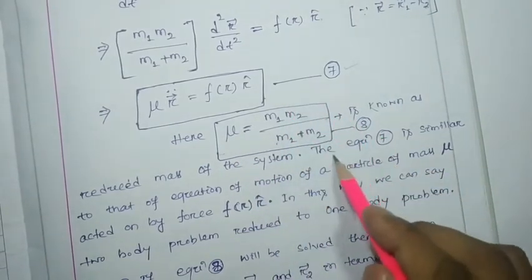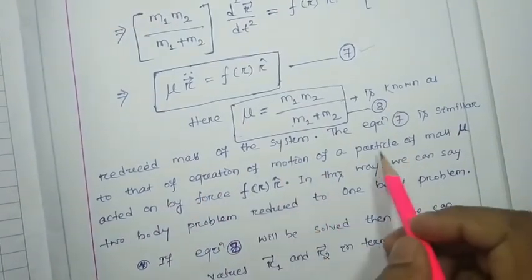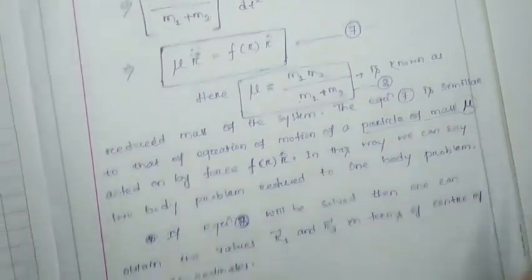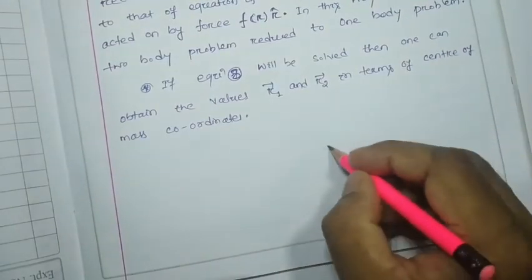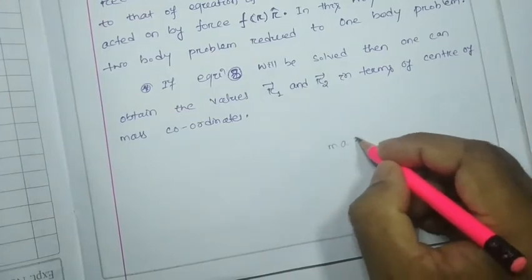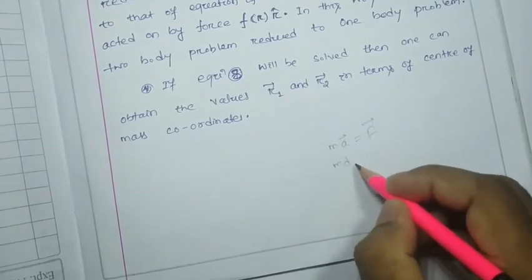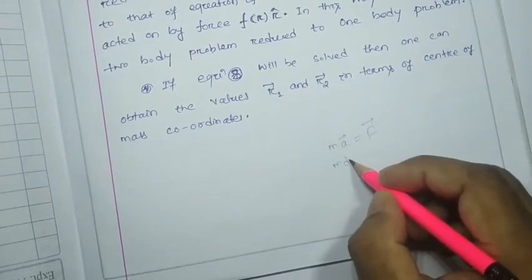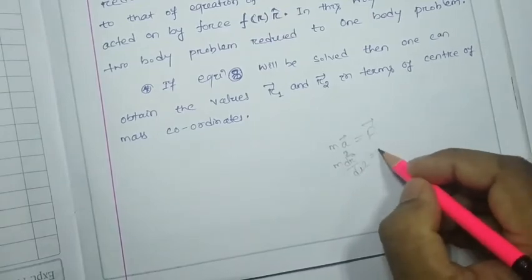Equation number 7 is similar to the equation of motion of a particle of mass m. Suppose we consider any mass. What is the equation of motion? M into a equal to F, right? That means m into d square r by dt square is equal to f.